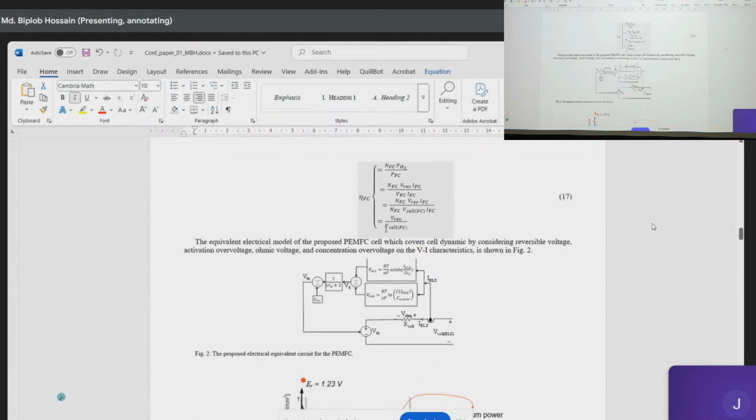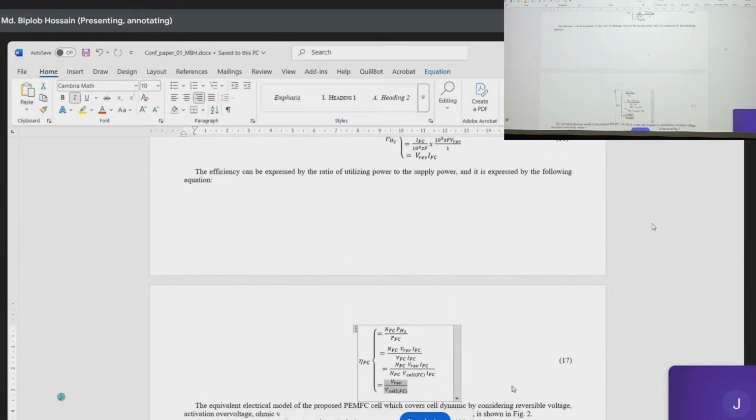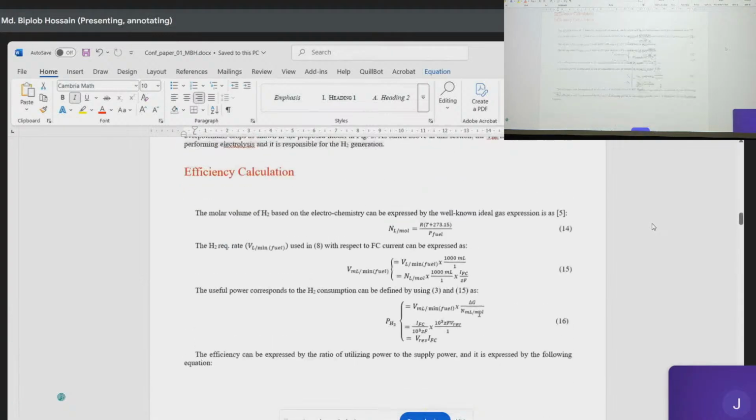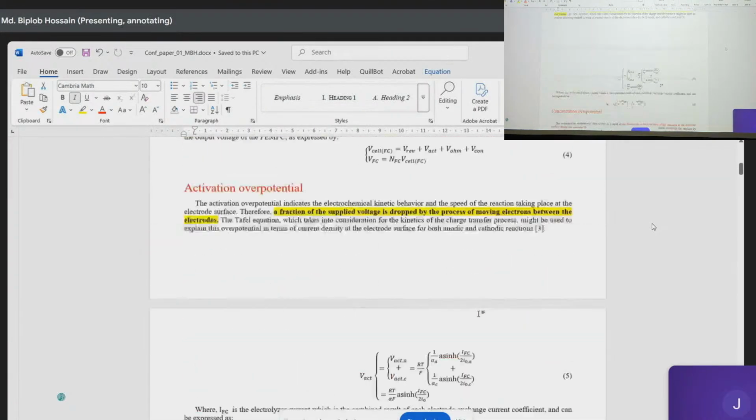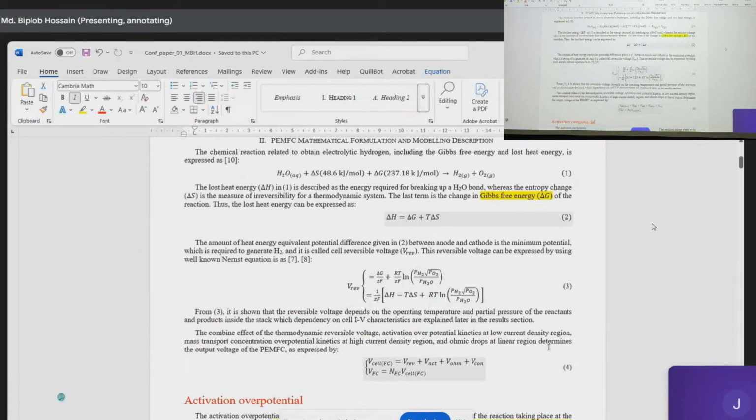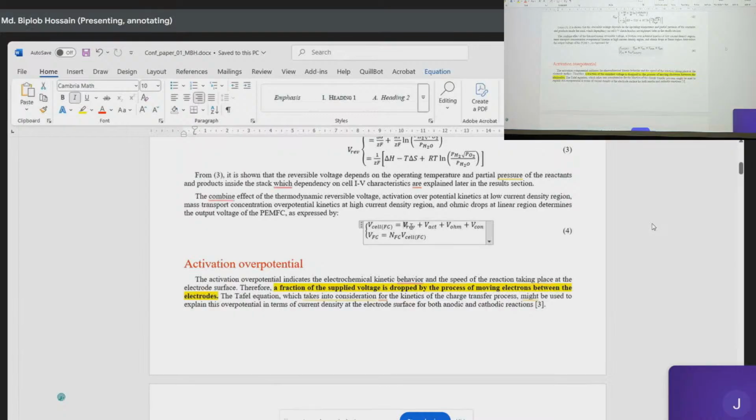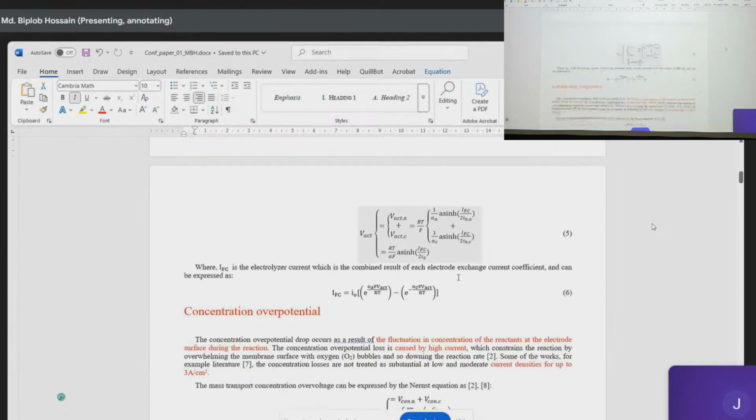So finally we find these equations. From these equations, if we incorporate all the types of voltage drop I mentioned here: reversible voltage, activation overvoltage, ohmic voltage and concentration overvoltage.